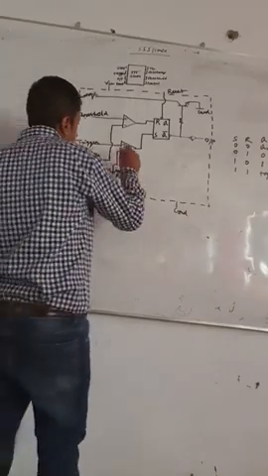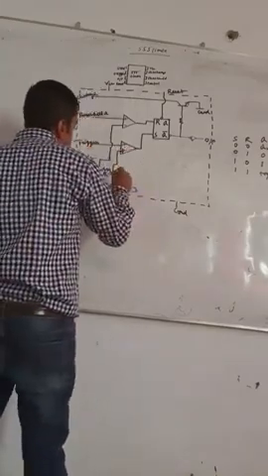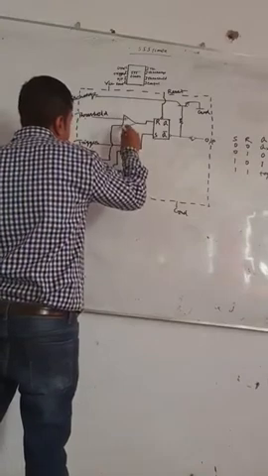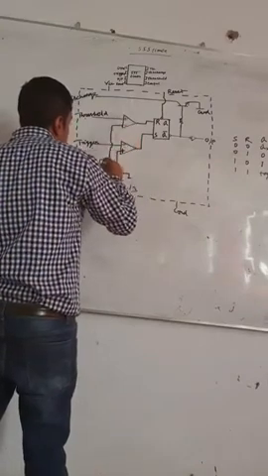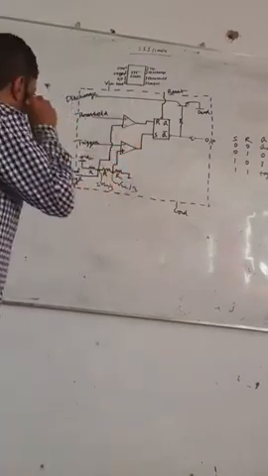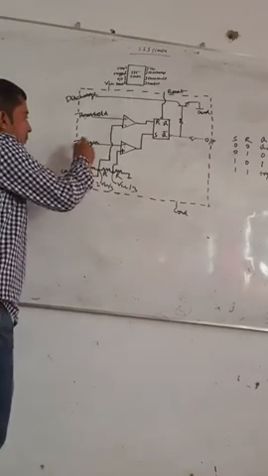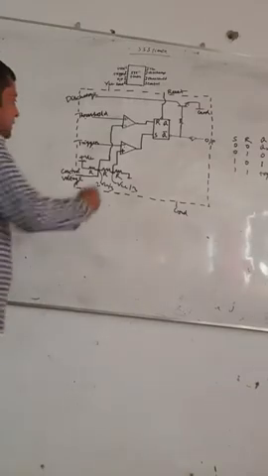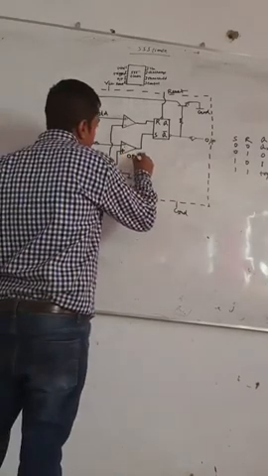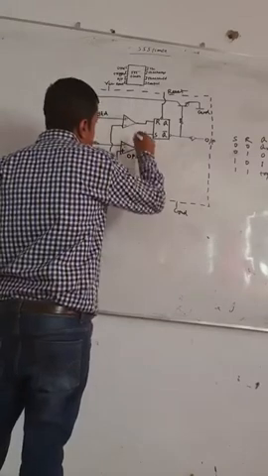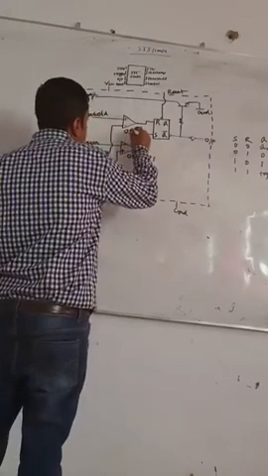This non-inverting terminal is connected with VCC by 3. This inverting terminal is connected with 2 VCC by 3. So if the trigger input is below VCC by 3, this trigger input voltage is connected with the inverting terminal of the op-amp. This is op-amp 1, this is op-amp 2.